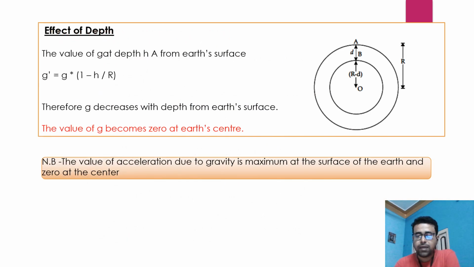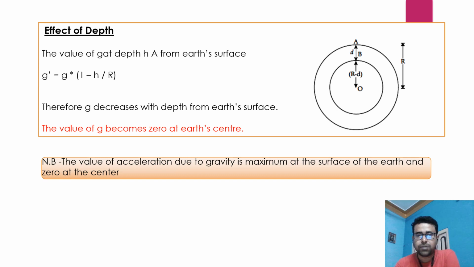Effect of acceleration due to gravity in depth: it is also decreasing when we go from the surface to inside the depth of the earth. Then also the acceleration due to gravity will decrease.